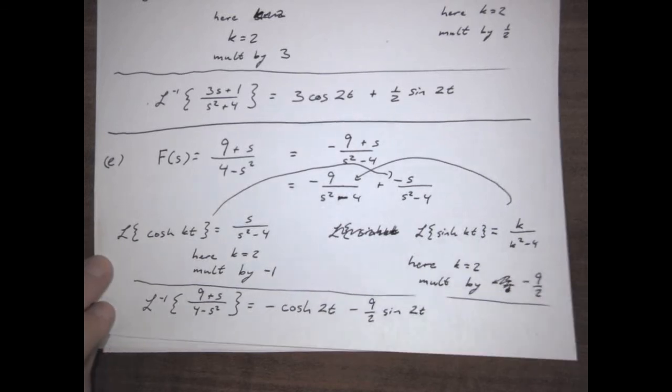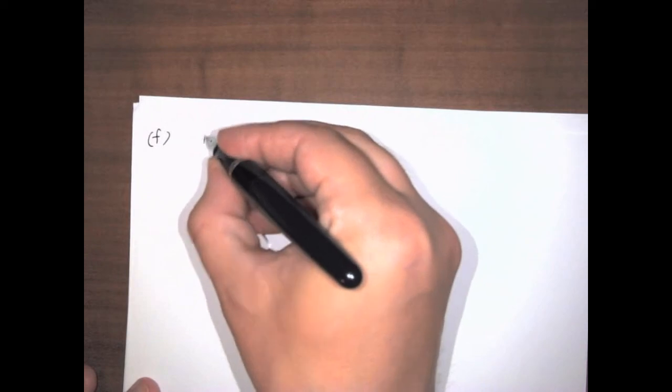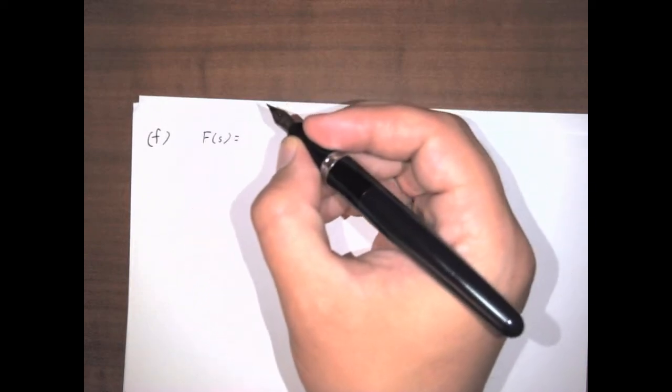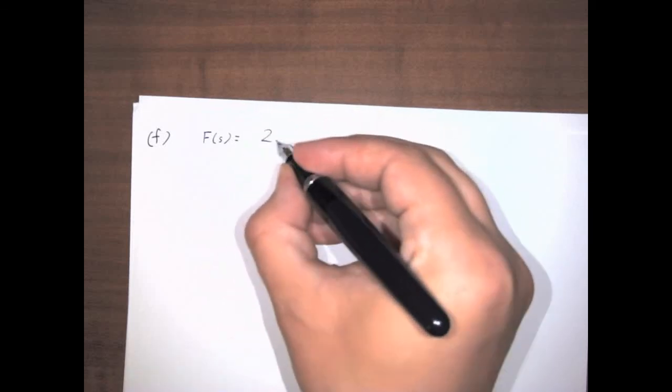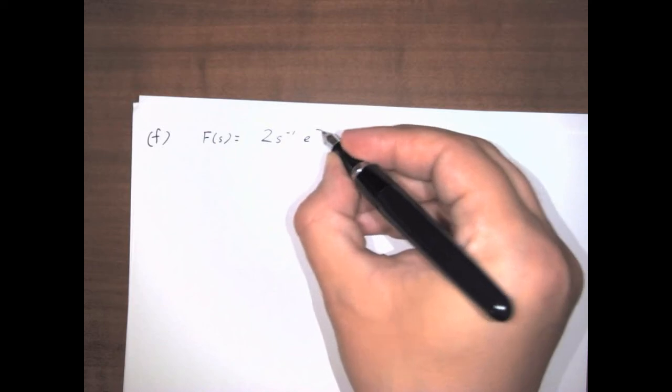And then, as our last one, let's take something along these lines. As the last example here, let's take F(s) to be 2s to the negative 1 e to the negative 3s.